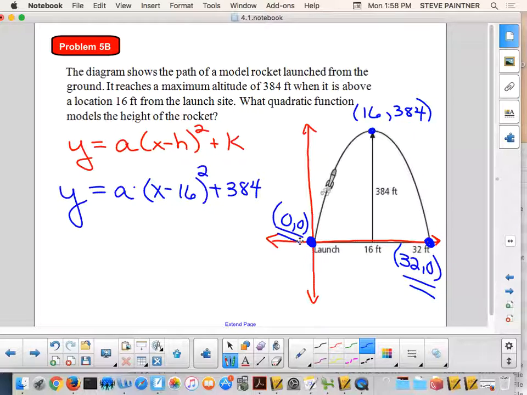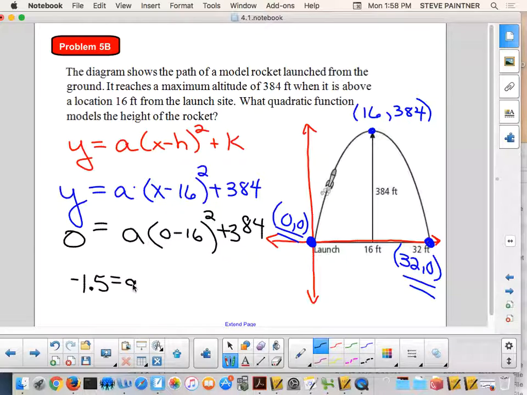I think 0, 0 would be easier, but if you want to do 32, 0, go ahead. How many want the 0, 0? Okay. 0, take away 16. Solve it. And here's your answer, by the way: negative 1.5 equals A.